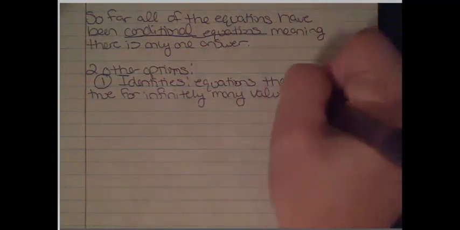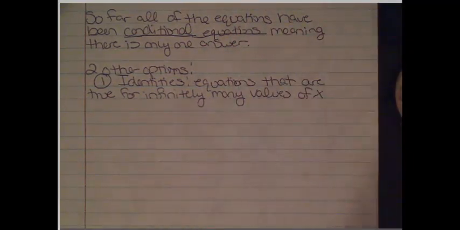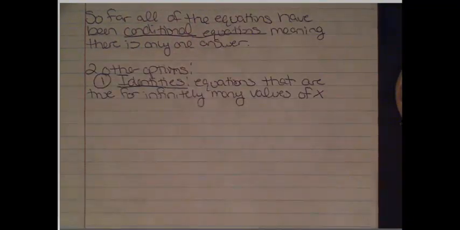So for identities, it does not matter what your x value is, it's going to be true. It's going to work out in the equation. I will work an example of what an identity is here in just a moment.